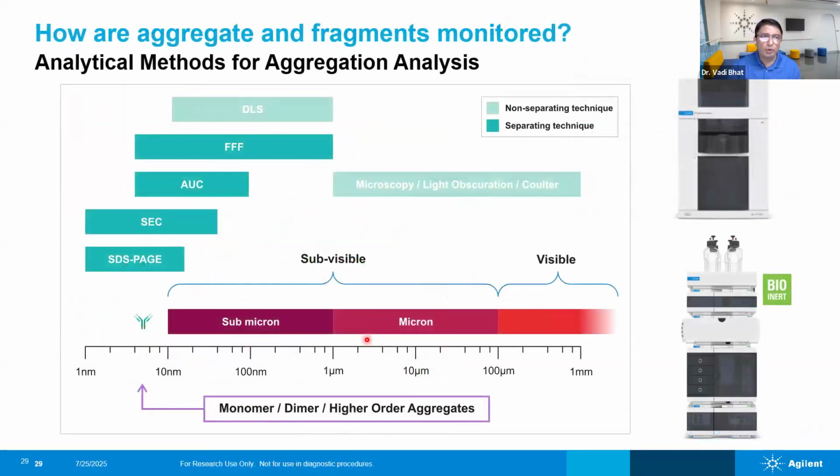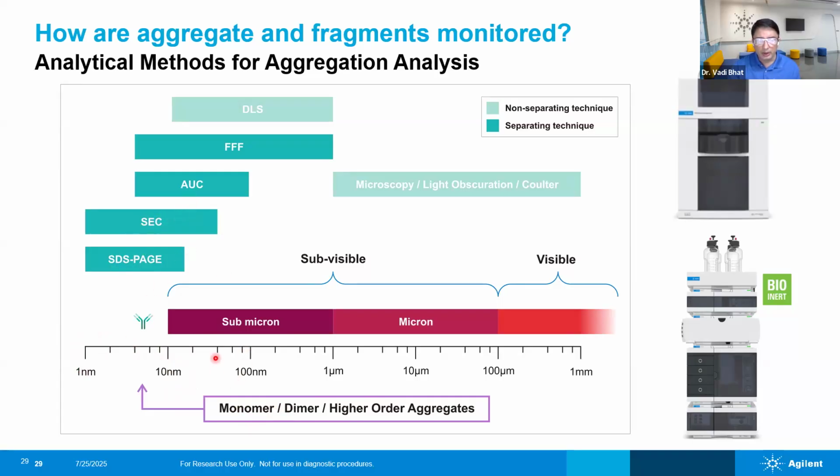Now, how are you going to analyze them? Based on the size of the aggregates, right? There are different analytical techniques available. As I mentioned, for monomers, based on the size, you can look into simple SDS-PAGE or native PAGE, or size exclusion chromatography, all those things can be used.